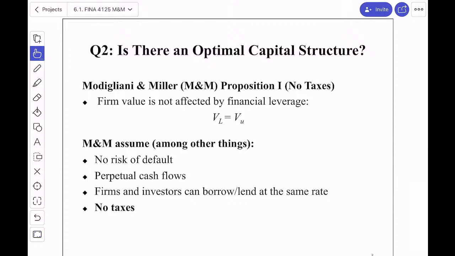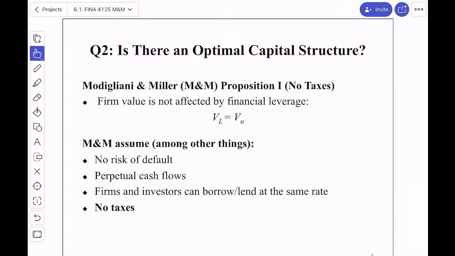So we remove a lot of reality and create a set of assumptions. I can show you what they say about where capital structure doesn't matter. So capital structure will not matter.